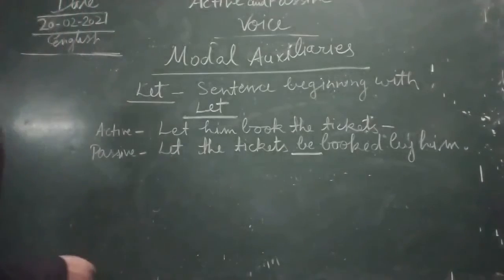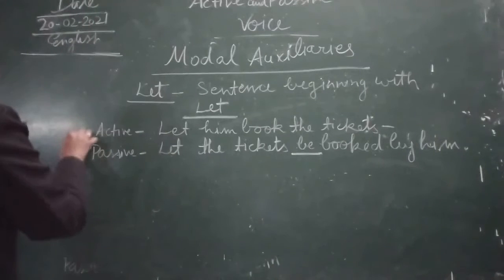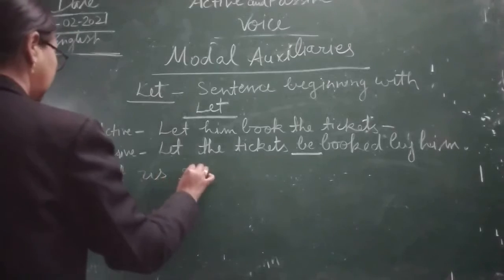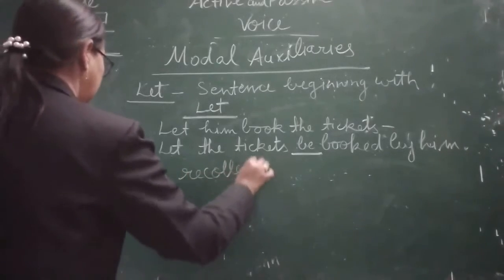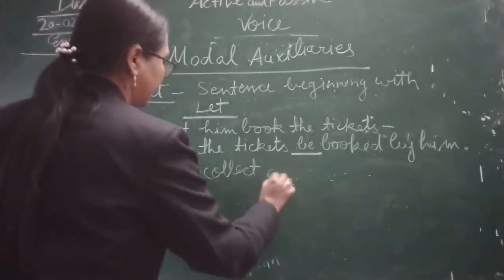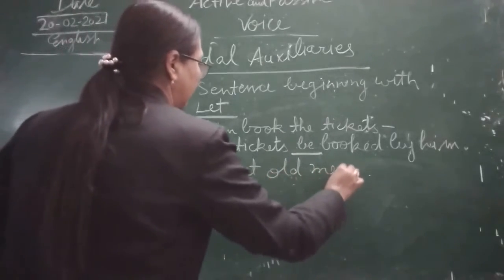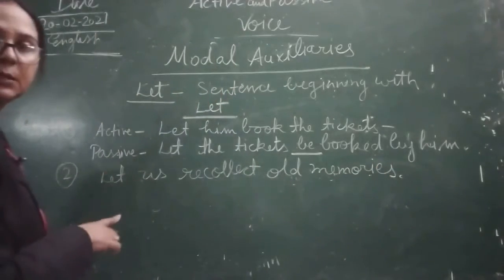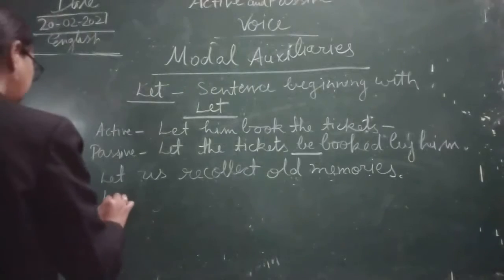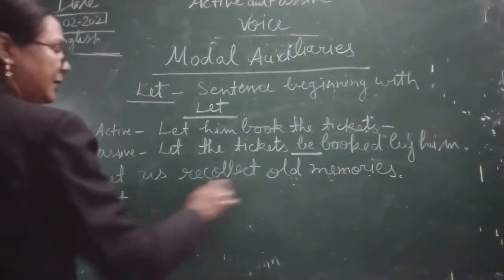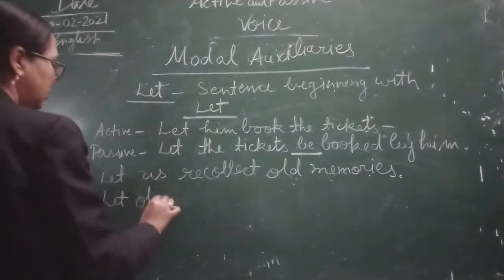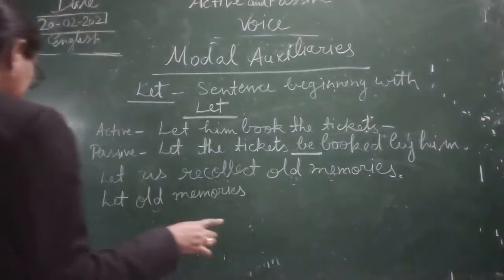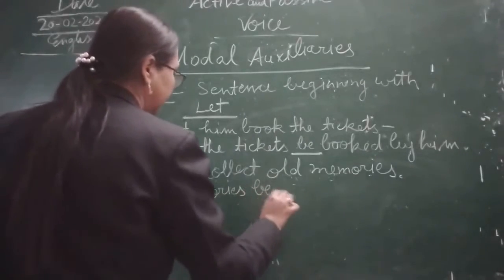Now the second sentence, I will give you one more example. Let us recollect old memories. Now here what will we write? Let will remain the same. Let old memories be recollected.